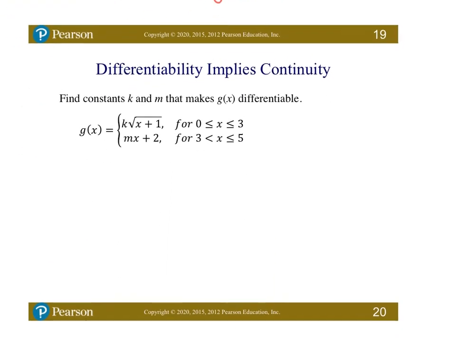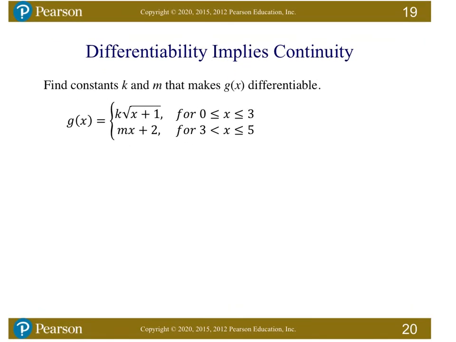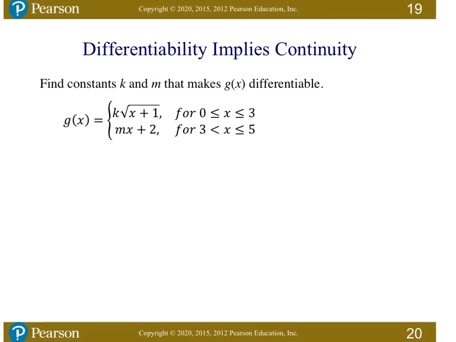All right, so find the constants that would make this differentiable. So we need to get through all 5 in order to make this differentiable. And we're going to do it with letters and not just necessarily numbers. So let's get through the first 5.